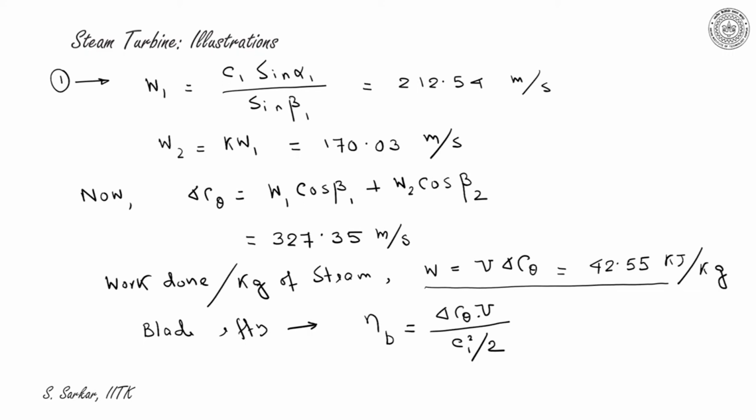You know the value of del C theta, you know the value of U, you know the value of C1, which is 330 meters per second. This is actually twice W divided by C1 square. So if you do that, you will get eta B equal to 0.7815. Thus, I have got blade efficiency as 78.15%.